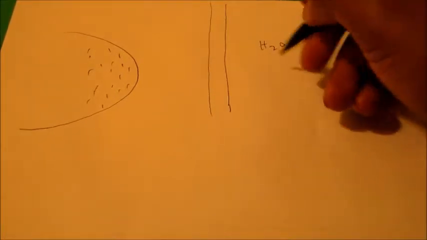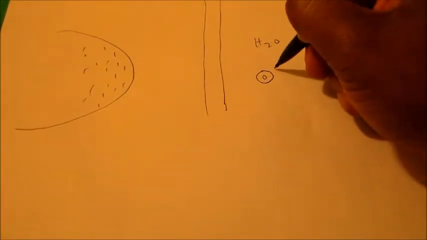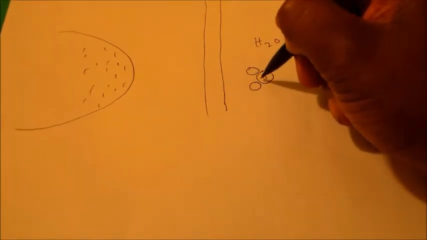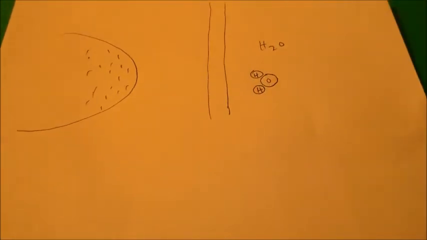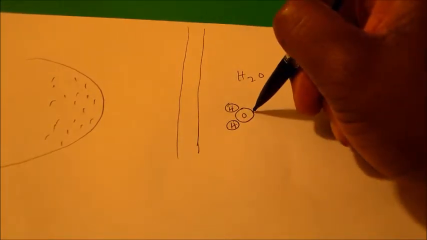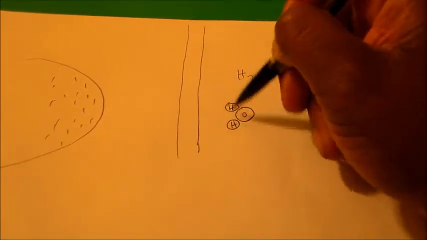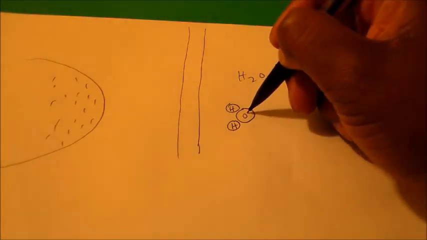And so because this is the case, what that means is, as you know, water is H2O, which means it has one oxygen and two hydrogen atoms in each of the molecules, okay? So these two are our hydrogen atoms, there we go, and this is our oxygen atom, okay?